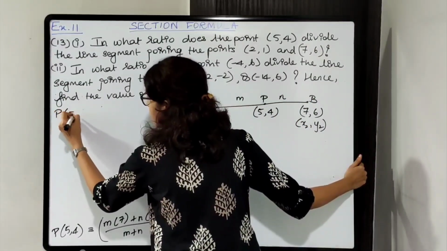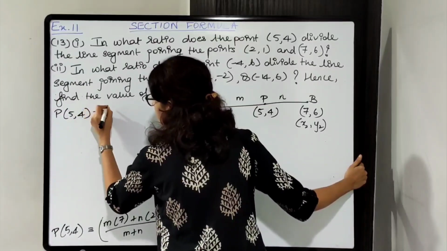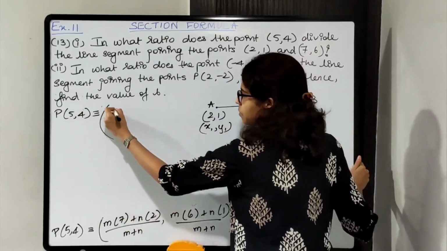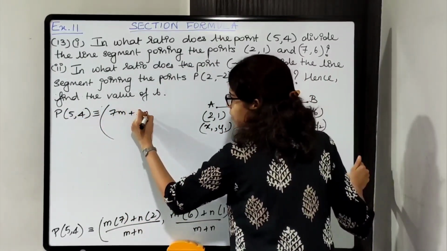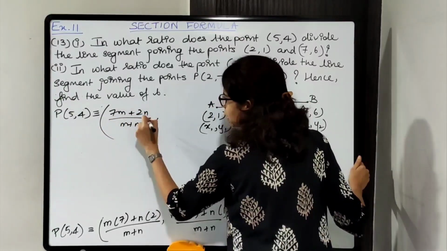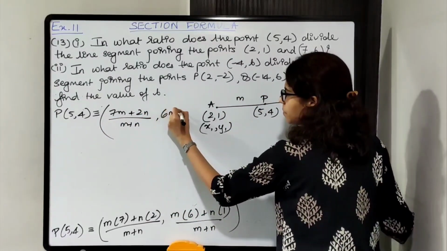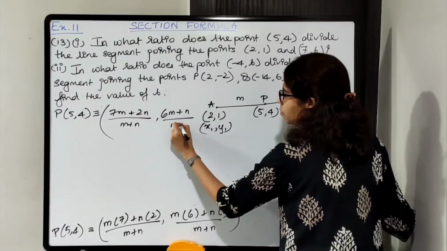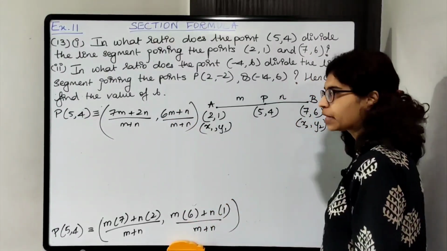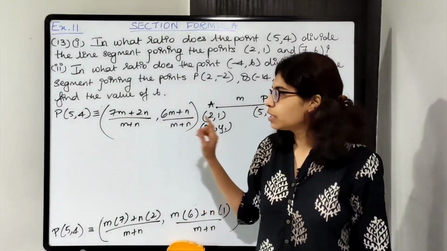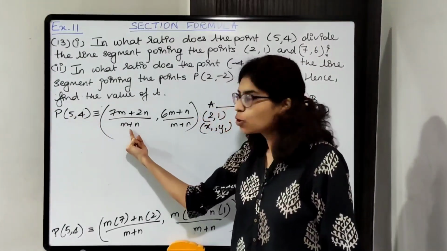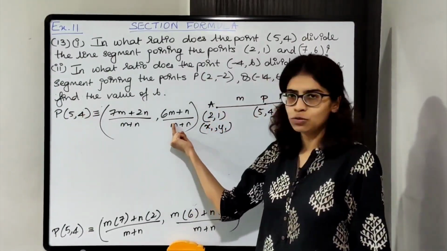So P 5 comma 4 is 7m plus 2n upon m plus n and 6m plus n upon m plus n. We cannot solve any further. We know that 5 will be equal to this and 4 will be equal to this.